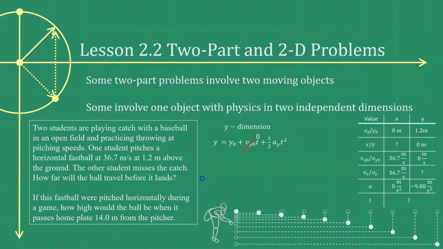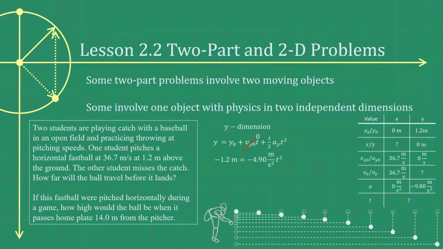So I'm going to go ahead and plug in everything that I know here. I know the original position is 1.2. I'm going to put the final position as 0 on the left-hand side of the equal sign, and then acceleration is negative 9.8. When I simplify this, I'm going to subtract 1.2 meters from both sides, and then I'm going to multiply 9.8 by 1/2.